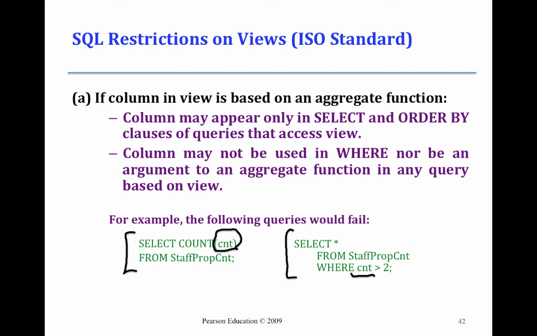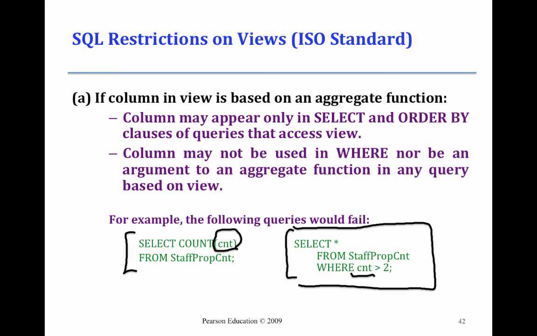In this case, it returns a relation where it only shows staff members that manage more than 2 properties.